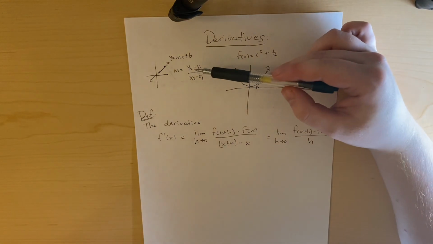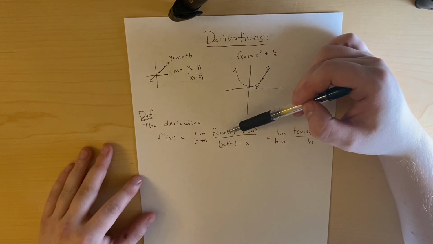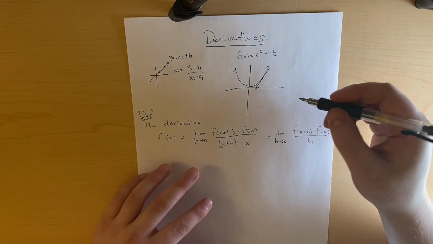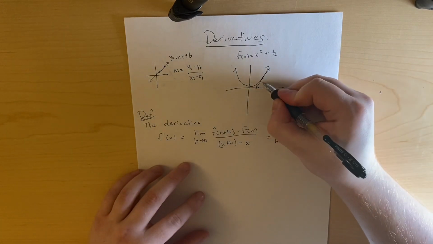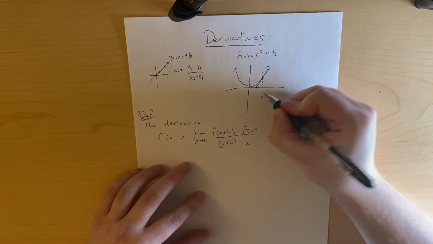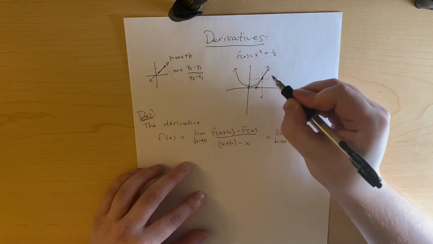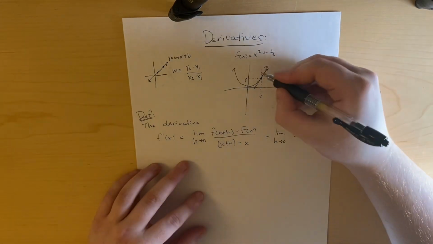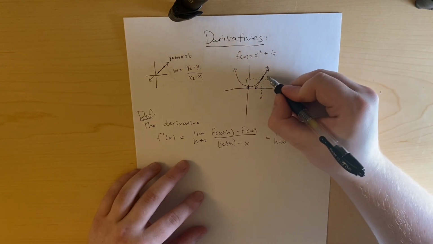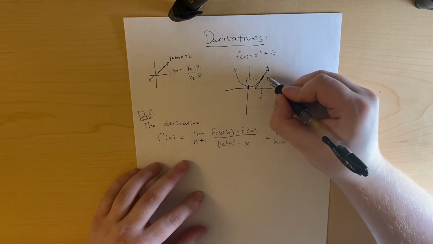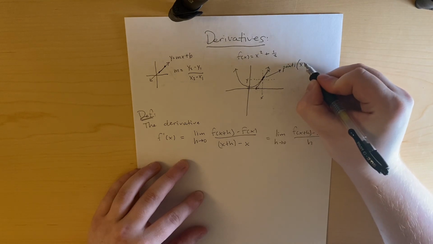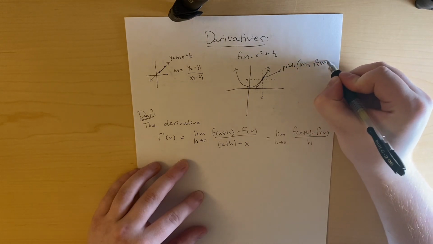Okay. So as you can see, we're still using this formula, right? This is basically y2 and this is y1. This is x2 and this is x1. So you can imagine we draw, if this is x and this is y, then there's going to be some point on this tangent line, and that point we're going to call x plus h, f of x plus h.